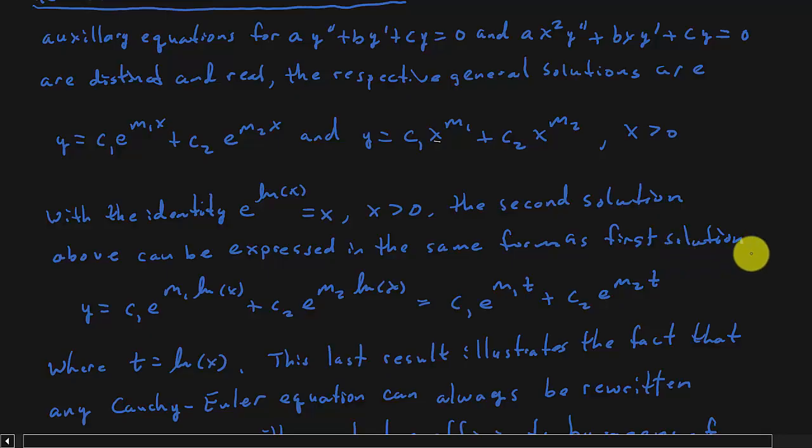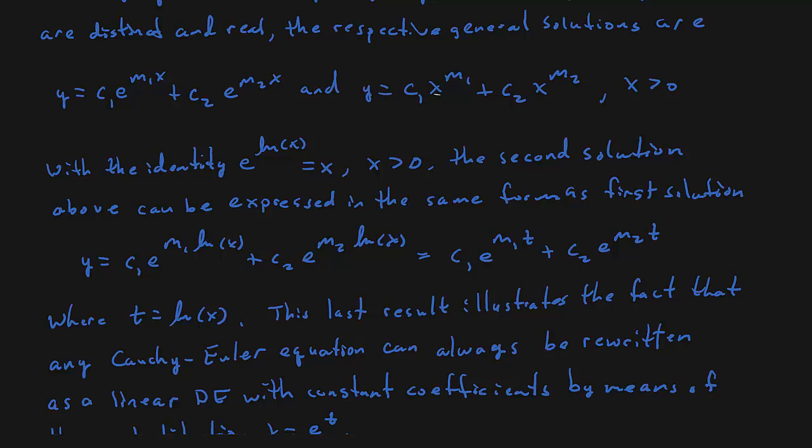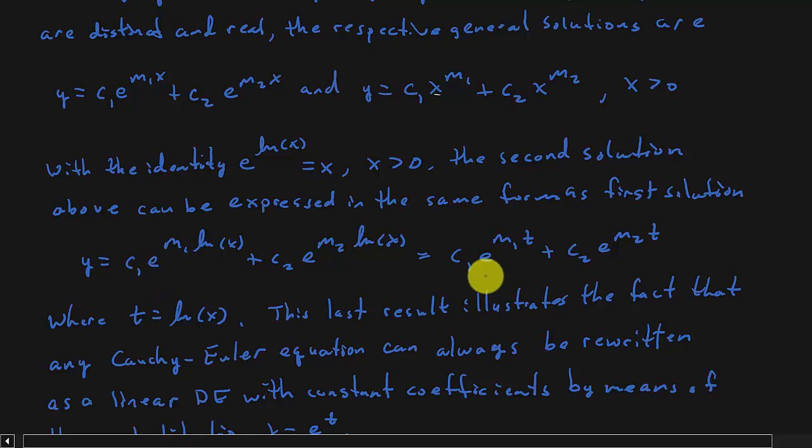So what we're doing is replacing the x with natural log x. You see that? Which is just equal to this. Let me just show you real quick how we go from here to here.